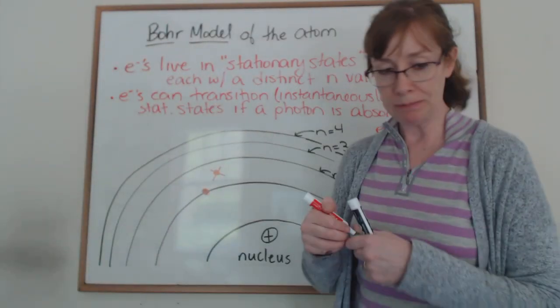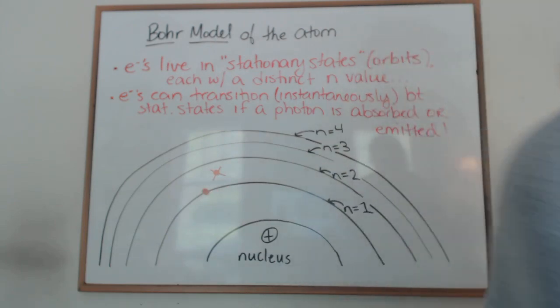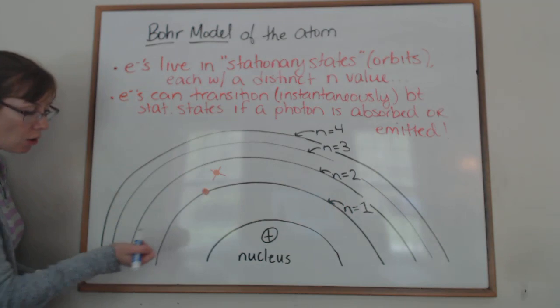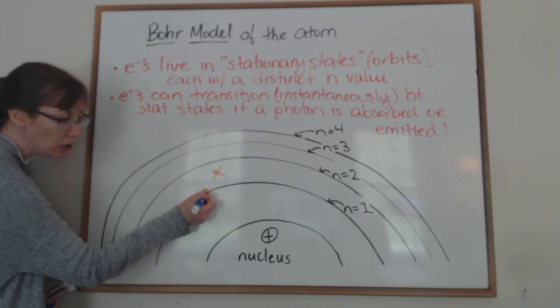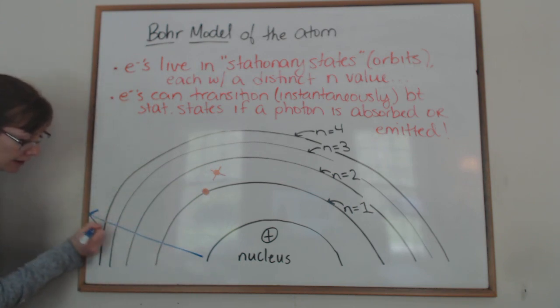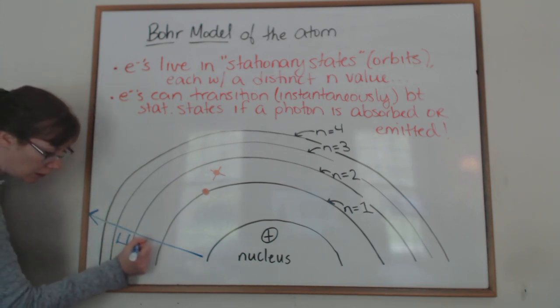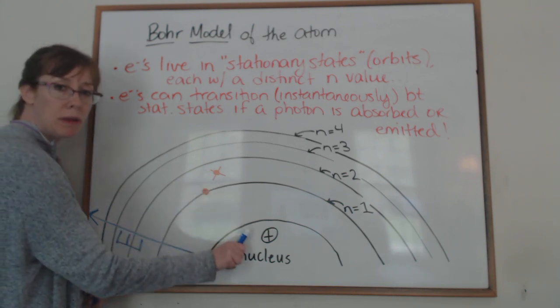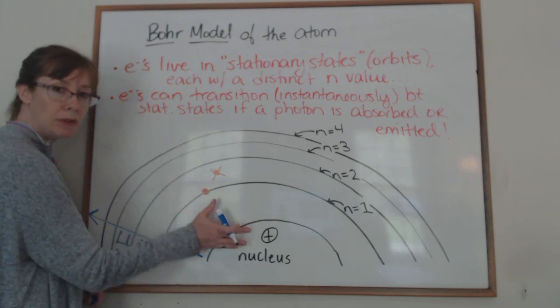Why would it transition? Here's the atomic spectroscopy part. Let me draw one other thing here. As the electron moves farther away from the nucleus, it is increasing in energy. That's an E. Because understand, electrons are negative. They want to be close to the nucleus, so they're more stable near the nucleus.